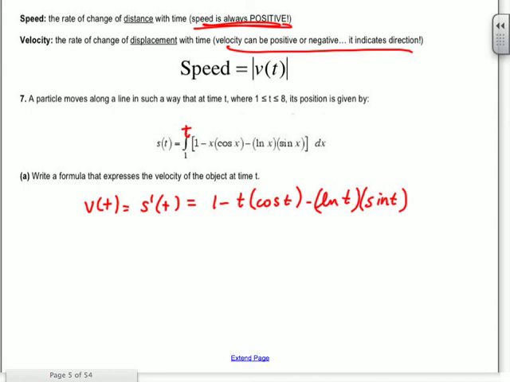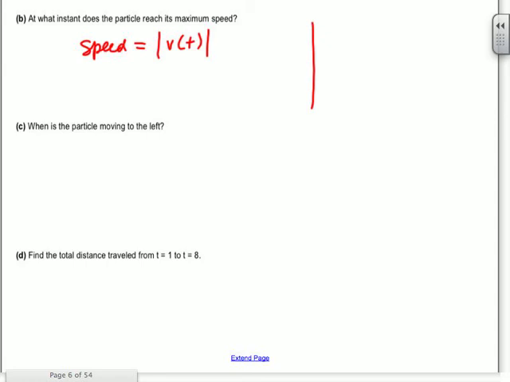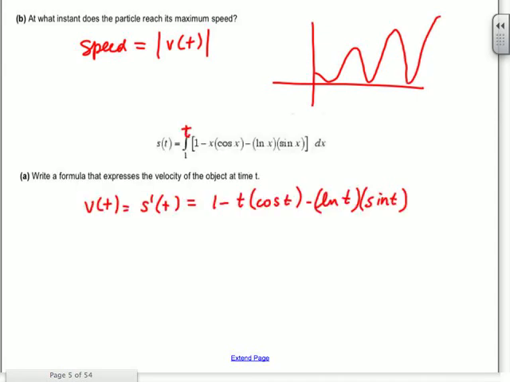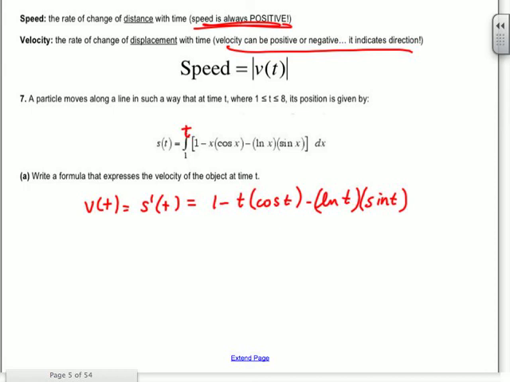So when I graph it, I get something. I went ahead and graphed it with the absolute value in it. I get something that looks like this. We're going from 1 to 8, so you can change your window from 1 to 8 for your x's.